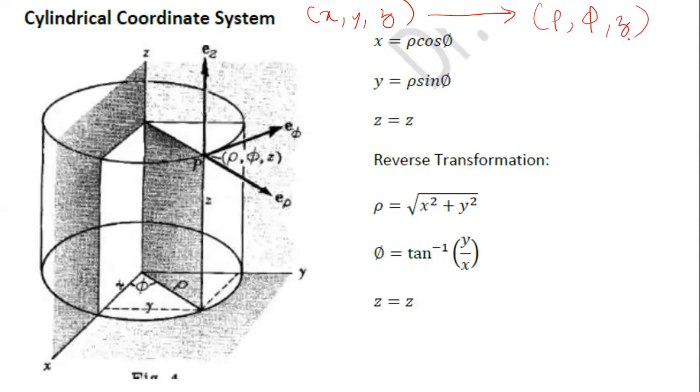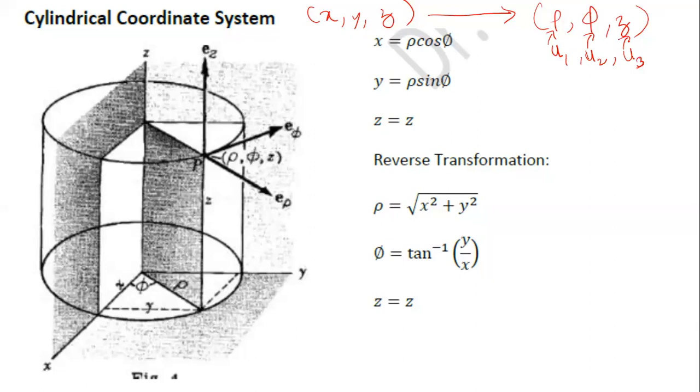So these are the coordinate variables in the case of cylindrical coordinate system.